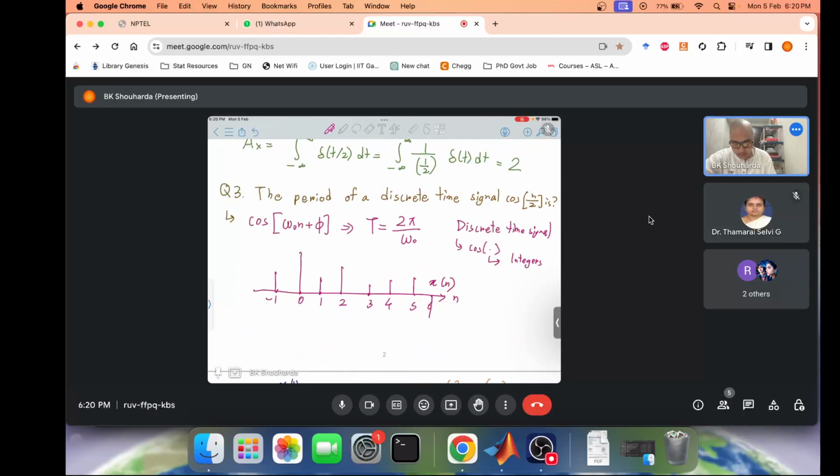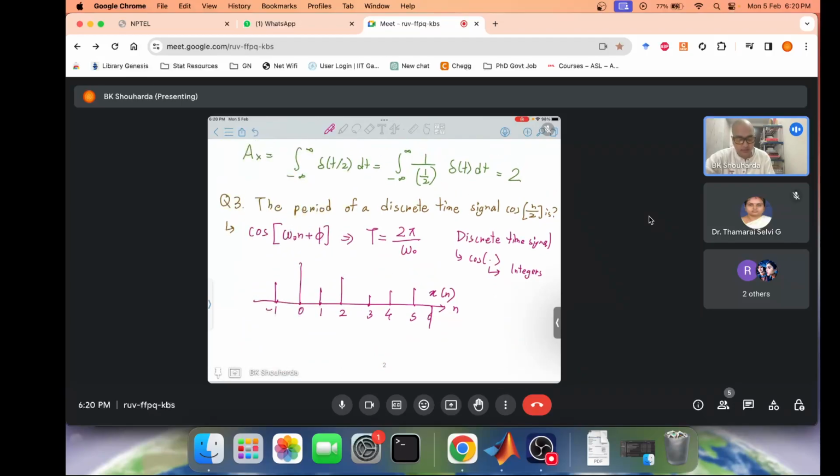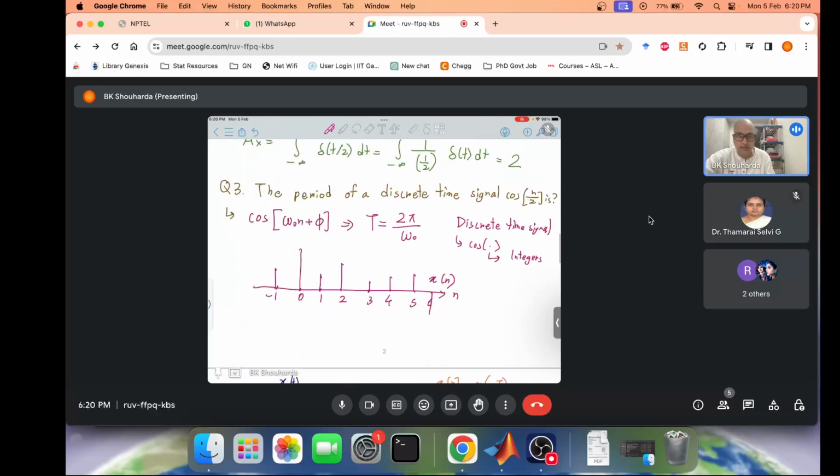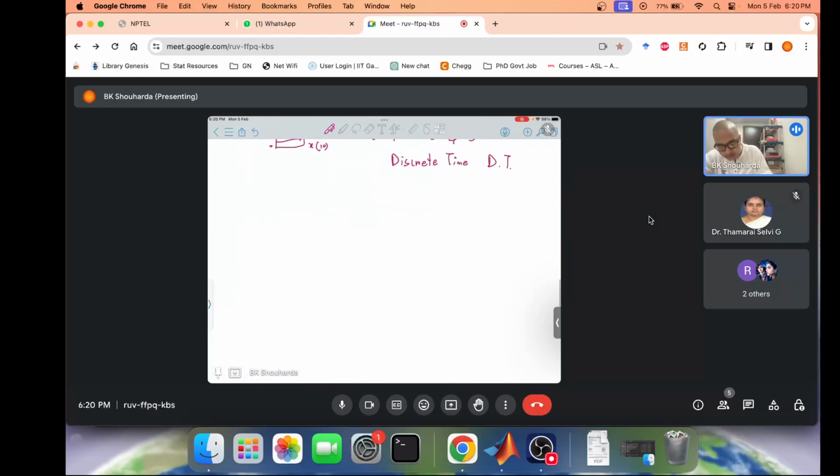Now getting back to the period of a discrete time signal. When we have a discrete time system, say a cosine signal cos(omega naught n), and we shift it by capital N samples, we want it to be the same: cos(omega naught n plus omega naught capital N).